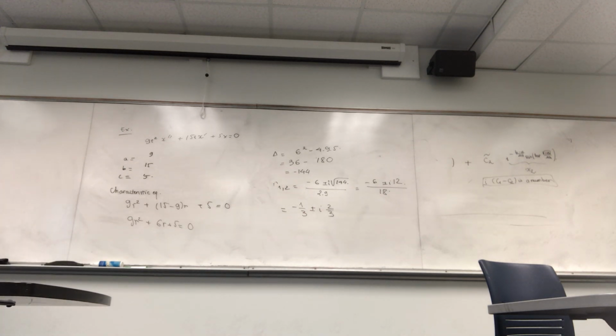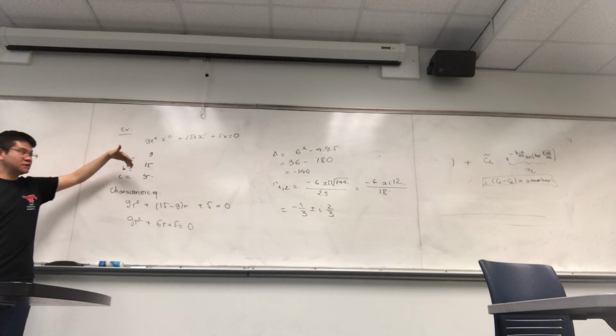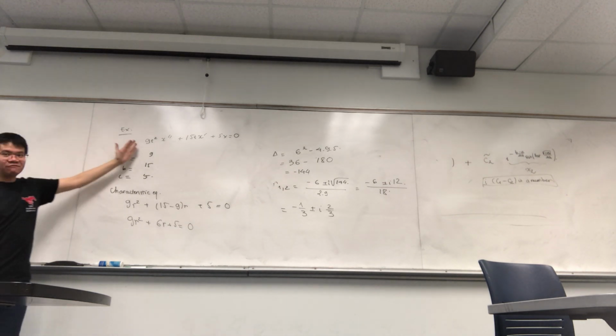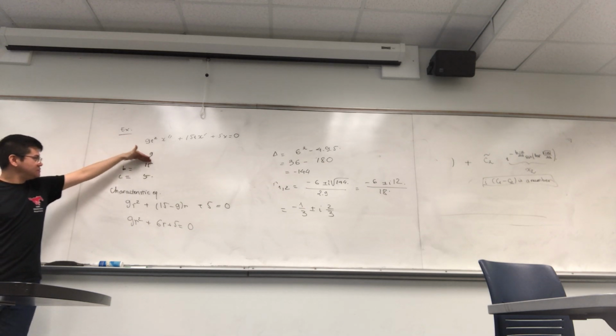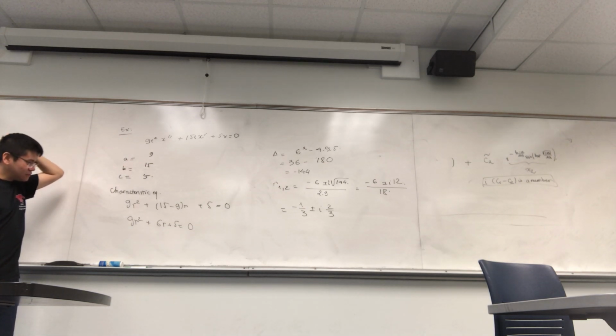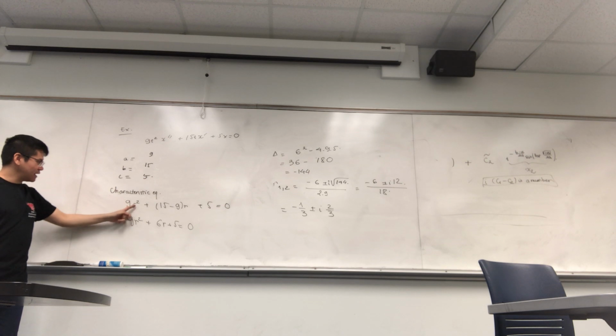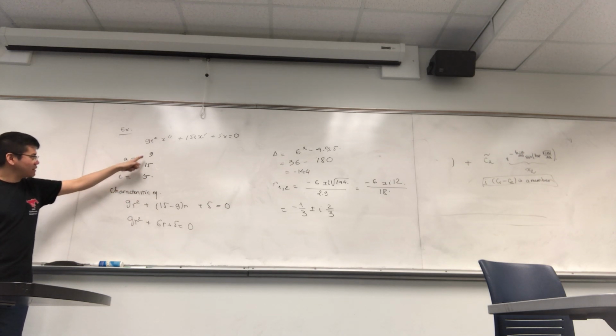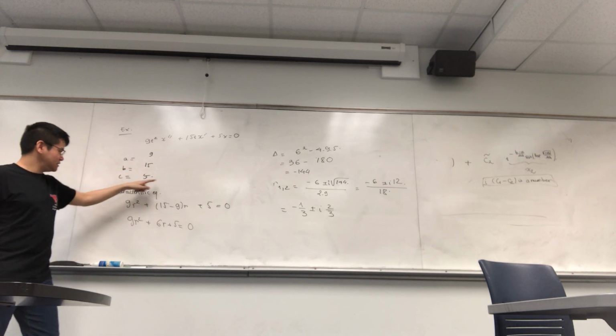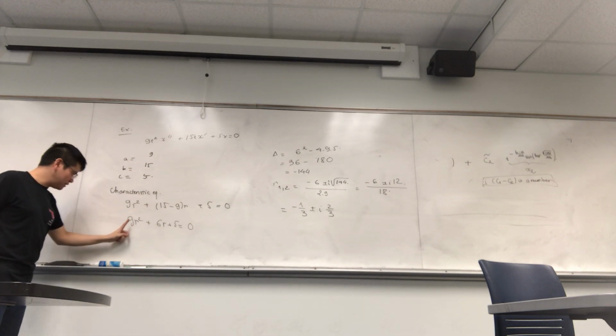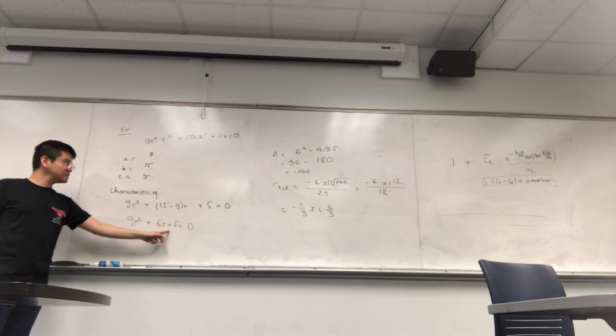So I explain again. After you have all the formulas, this is an easy game. You have A is 9, B is 15, C is 5. So the characteristic equation will be 9r squared plus 6r plus 5.